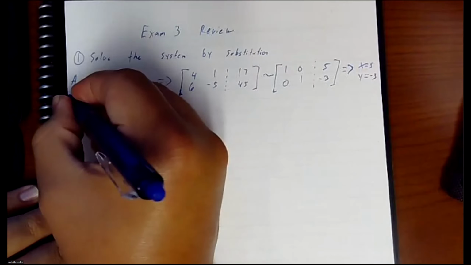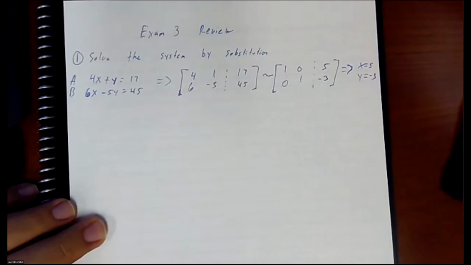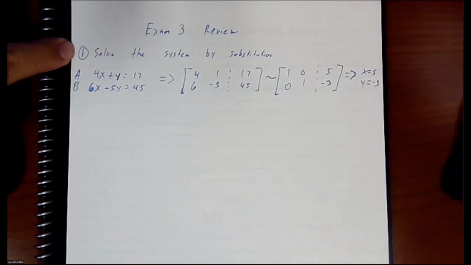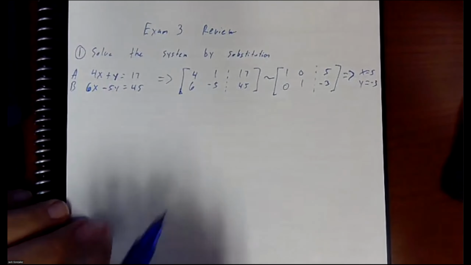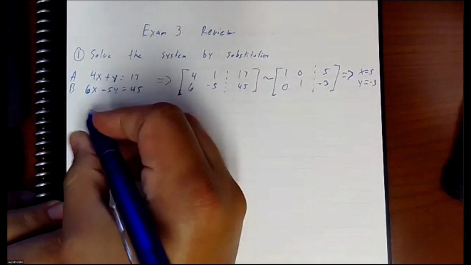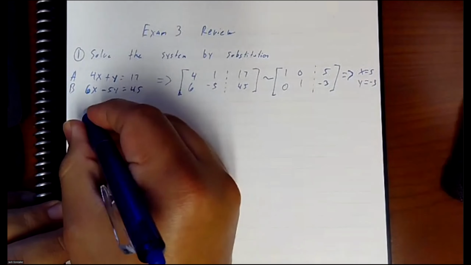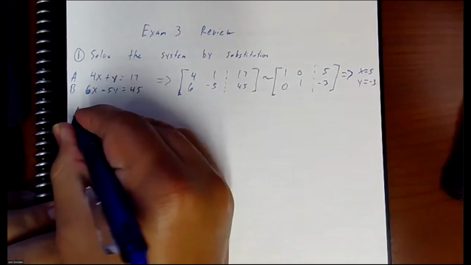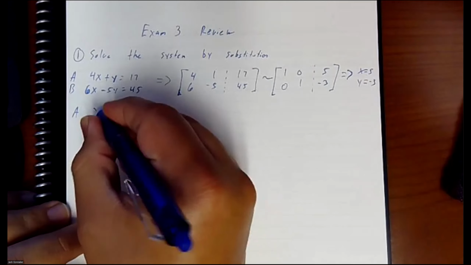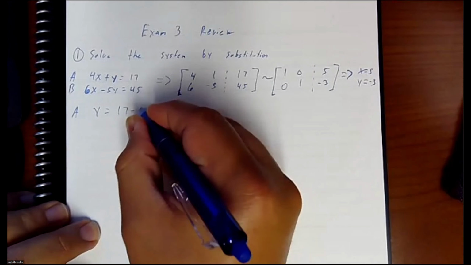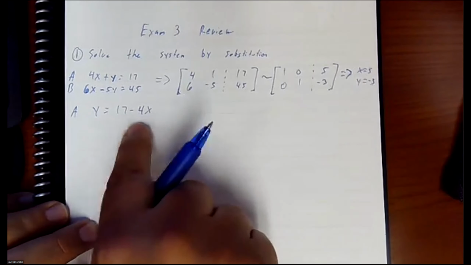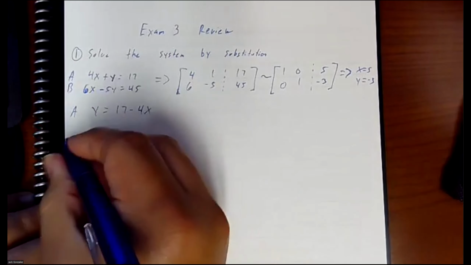Well, equation A and B this time, because that 1 is going to confuse me. So for equation A, let's say we solve for y. Right? So subtract that 4x over, you get y equal to 17 minus 4x. So now plug this into B.